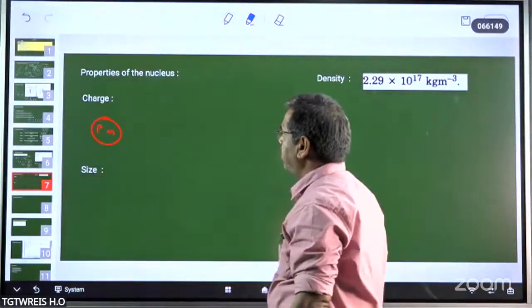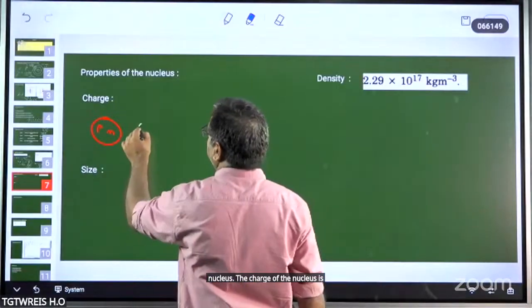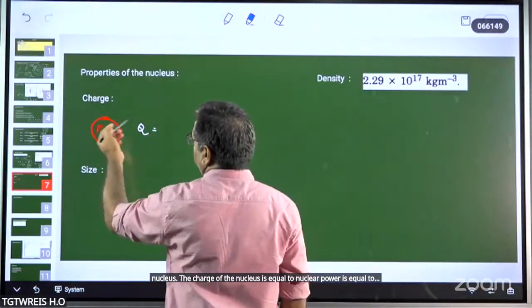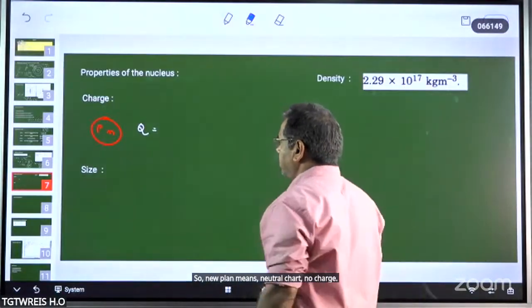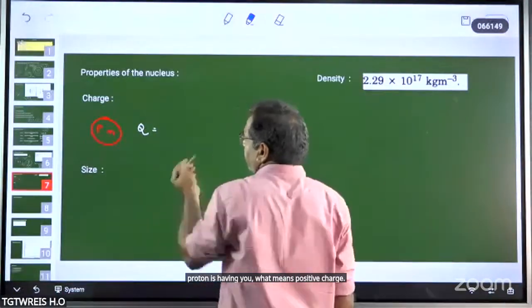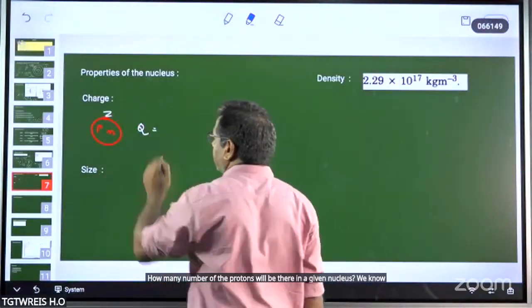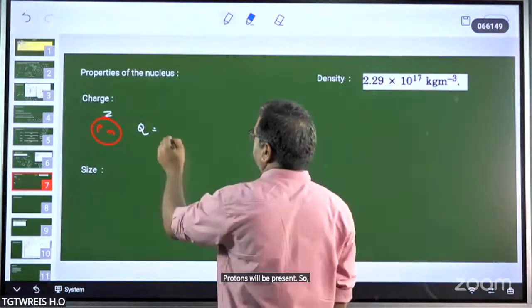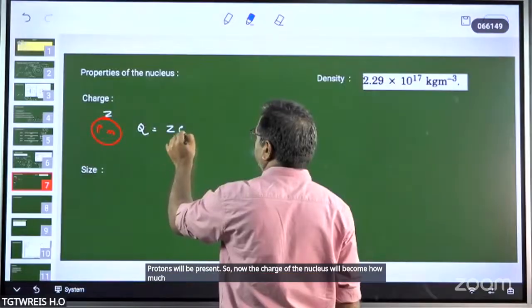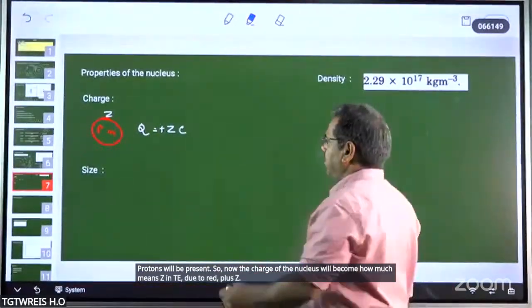So, what would be the charge of the nucleus? The charge of the nucleus is Q. Neutron means neutral charge, no charge. Proton has positive charge. How many protons will be there in the given nucleus? We know already Z number of protons will be present. So the charge of the nucleus will be Z into e, that is plus Ze.